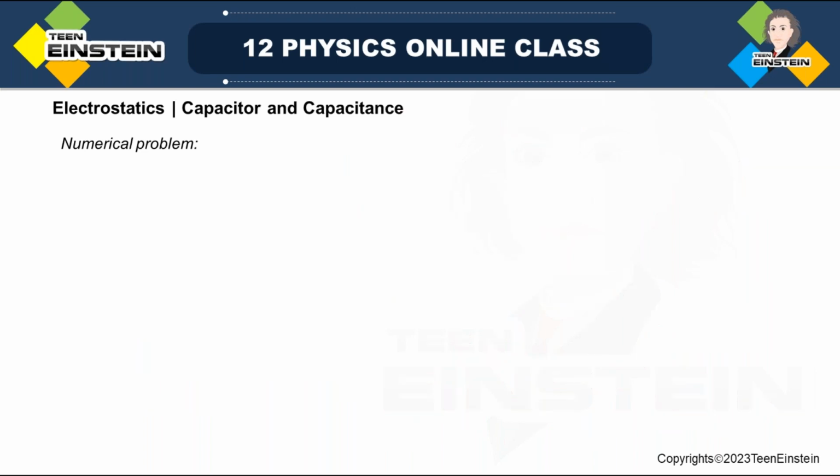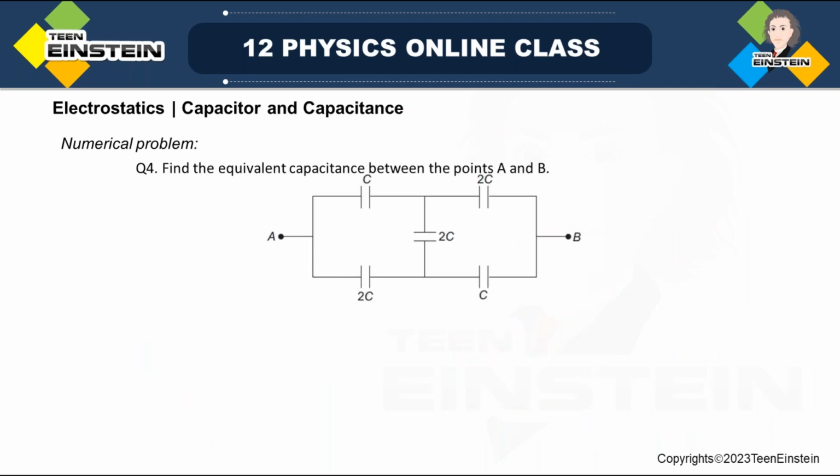So let me go to the last problem. This is the last problem we will discuss today. See, this is also a very interesting problem, and you have to find the equivalent capacitance between these two points A and B. Actually, this is really a tricky problem.